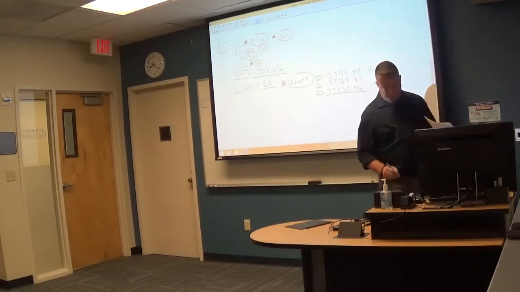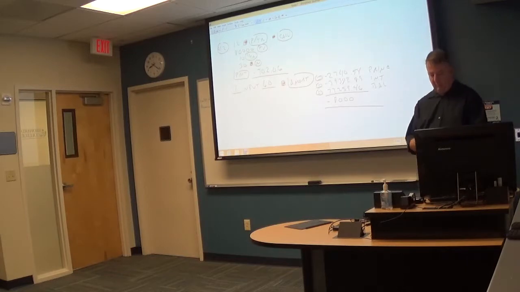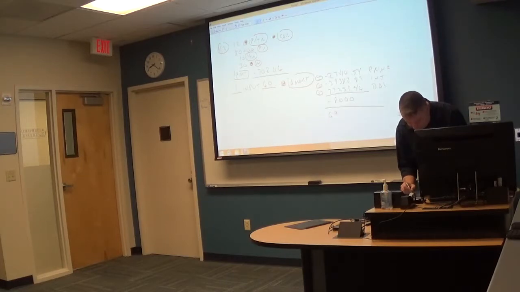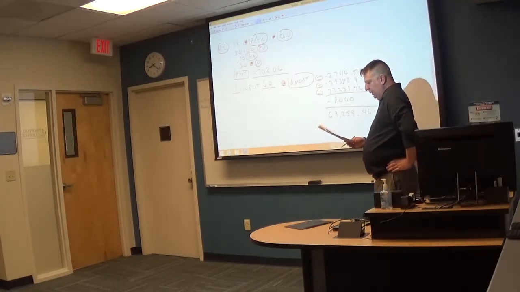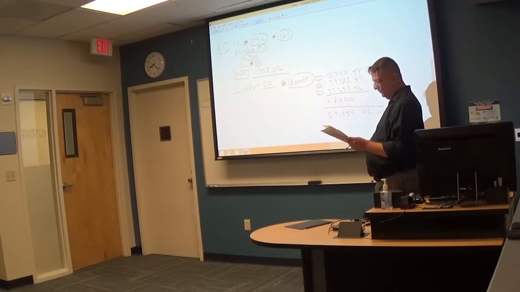So the first thing we're going to do is subtract $8,000 from that balance, and that's going to give us $69,259.46 as the new balance. The problem states, assuming that the loan maturity is shortened, what is the new loan maturity? Meaning that the payment actually stays the same.